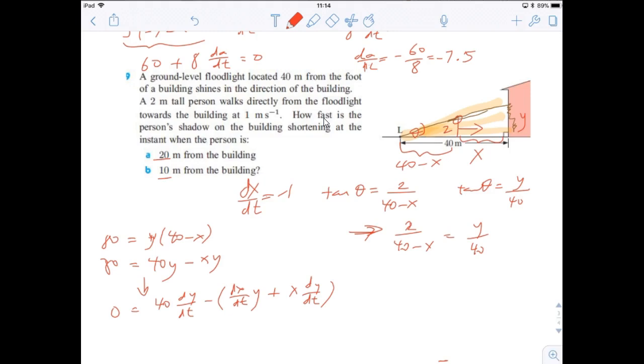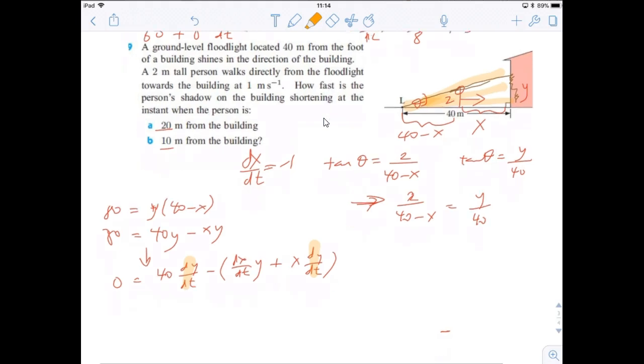Okay. So now we have an equation which has the variable that we want. We want to know what dy/dt is, right? And we can figure that out since they gave us dx/dt and they give us enough information to figure out what y would be also.